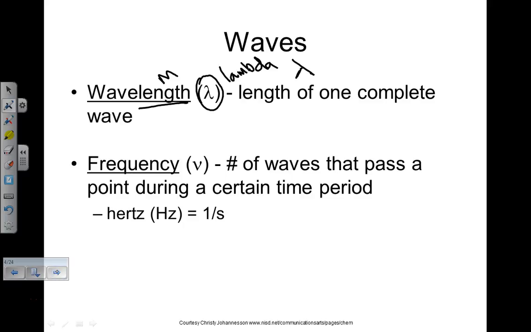Now, another property of a wave is a frequency. How many waves pass a point during a certain period of time? Okay, and so that is symbolized usually by this Greek letter nu. It's spelled nu, but it's pronounced like new, right? Okay, but it's a Greek letter, and when I write it, I kind of write it like this sometimes.